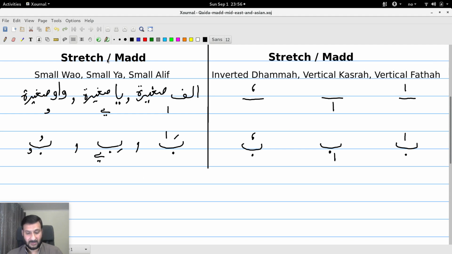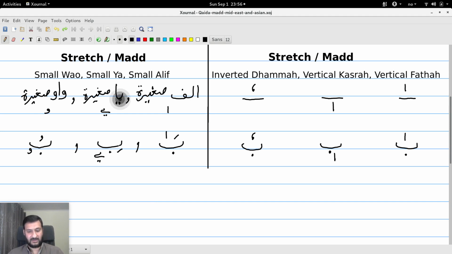So small alif, Alif Sagheera, looks small, it's just a notification. Then Ya Sagheera, this one here, normally written like so, Ya, which is the last alphabet in the Arabic alphabet.